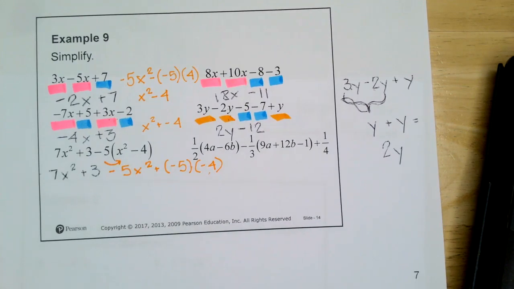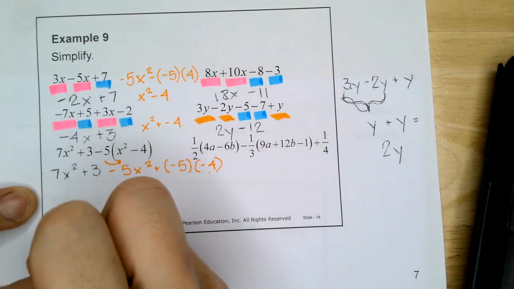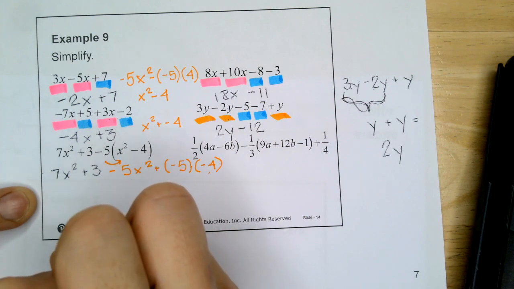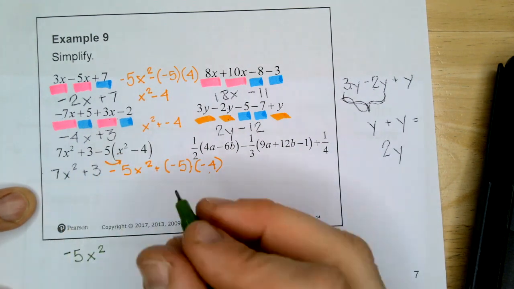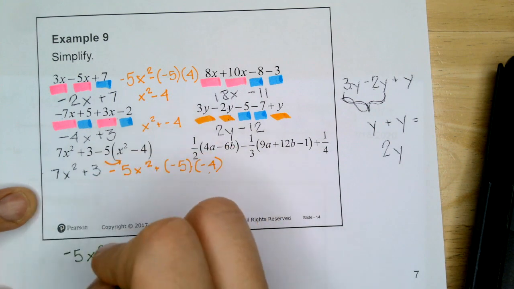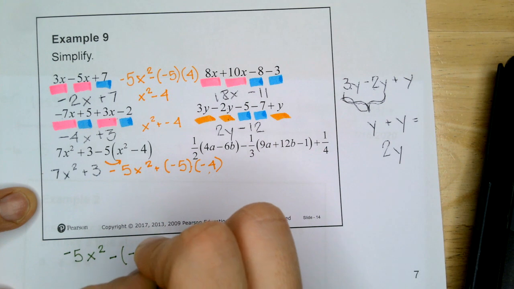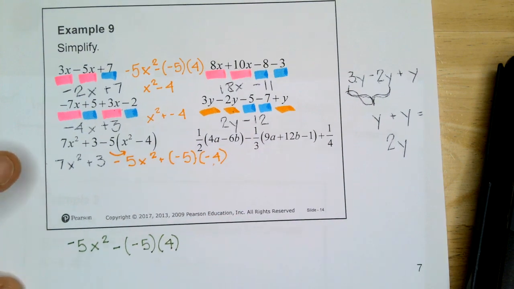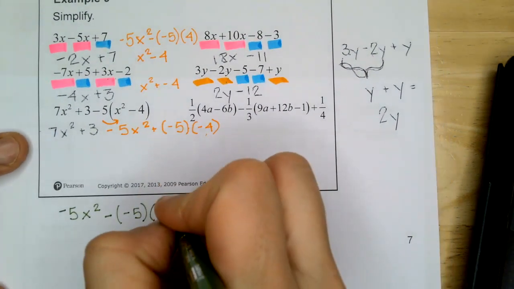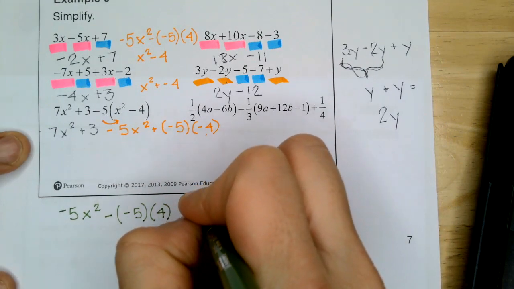Sorry, I should explain this more. All right, let's talk about this. We have negative 5 times x squared, right? But here we have negative 5 times 4, right?